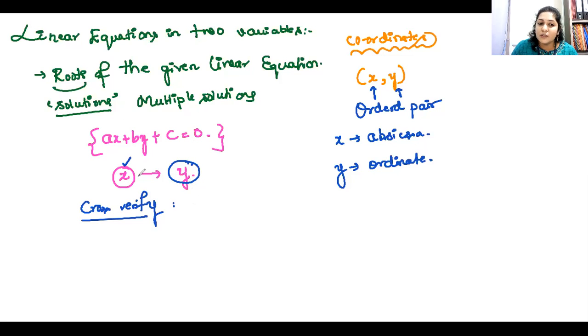When you use the values of x and y in the given equation, your RHS part will be equal to 0. That is a verification that the values we have found for x and y are the exact solutions, or we can verify they are the roots of the given linear equation. So these are the two things you should understand.